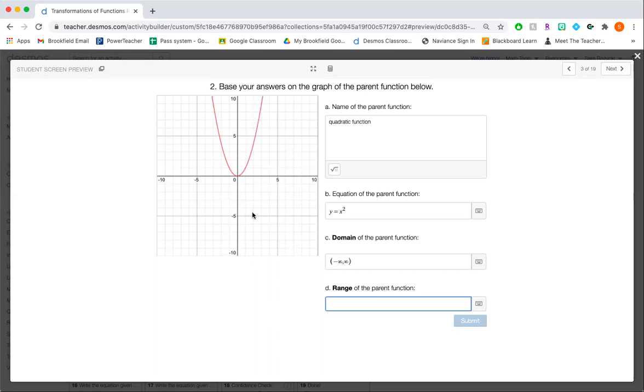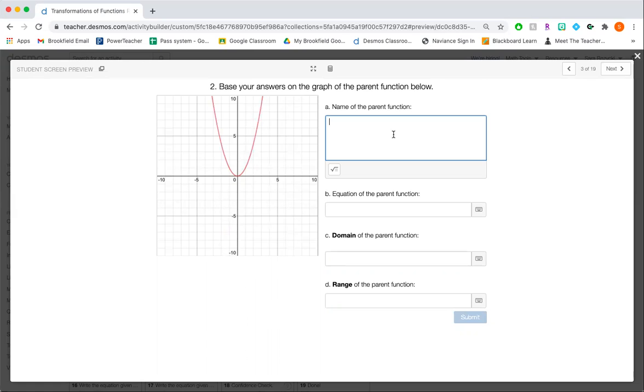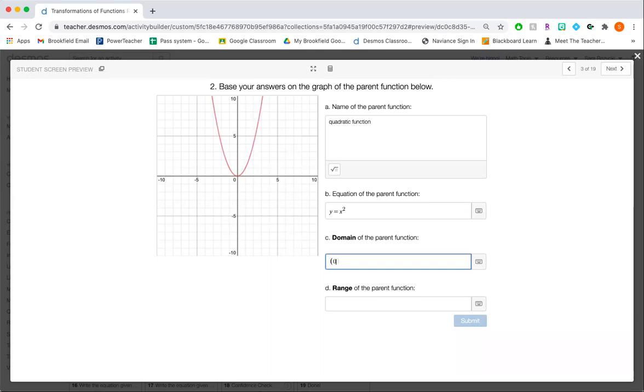The range can change for the quadratic graph depending if you shift up or down. But this one, negative infinity to infinity. And like I was saying, the range here, if you have a vertical shift, it will change the range.